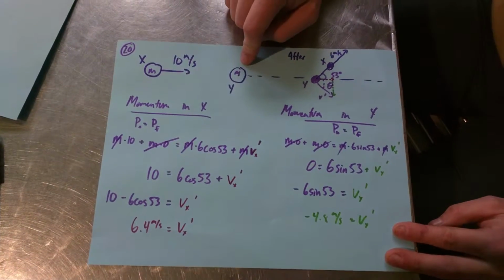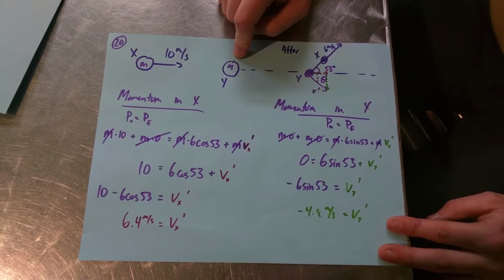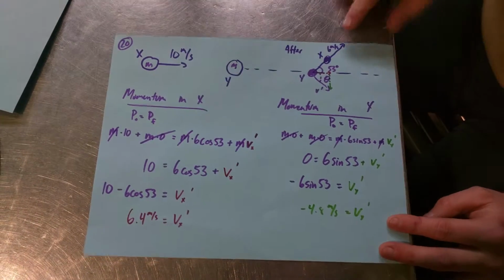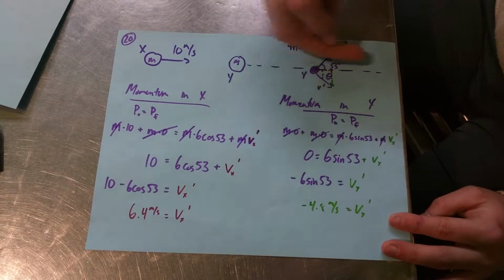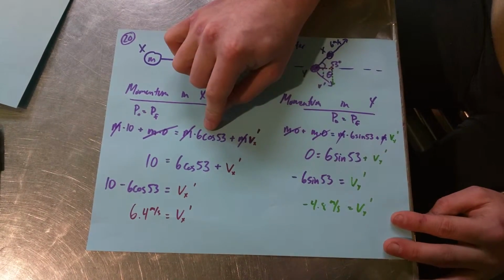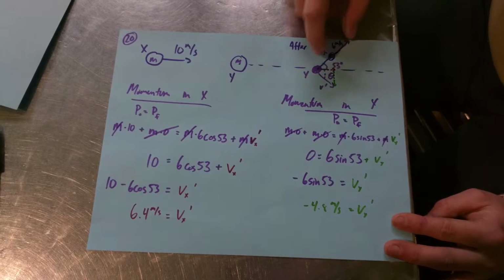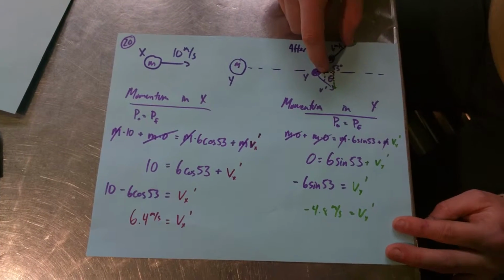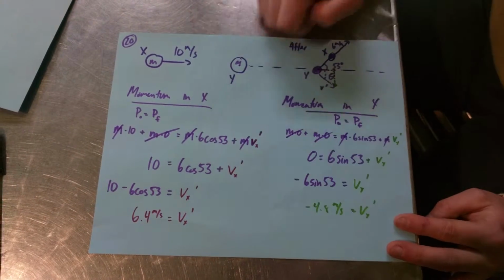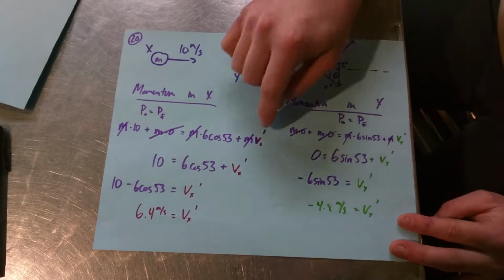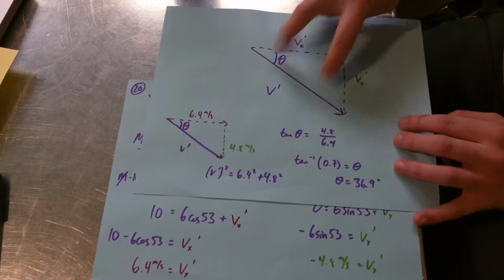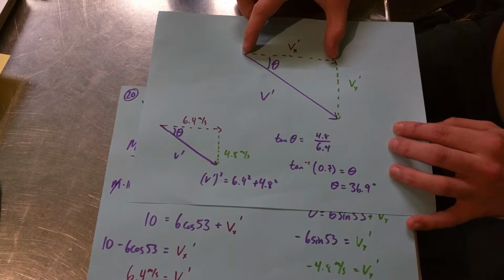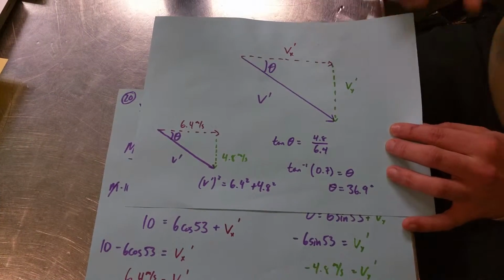Mass times 0 because this ball is not moving. That's equal to the mass times the velocity of ball x, but that's only in the x direction, so I'm using cosine 53 to get the x component of this velocity vector. Plus the mass of ball y times the velocity in the x direction of this vector, so I'm looking at that here. Velocity in the x direction of ball y.